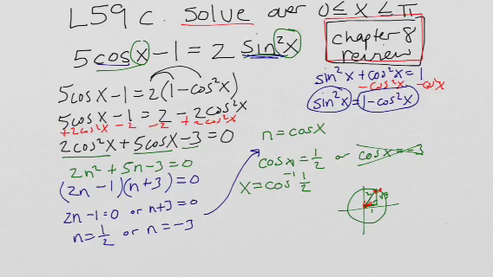That's probably not the best illustration there, but you get the idea. So x equals 60 degrees because the cosine of 60 degrees is 1/2. And that's the only one that's going to work.